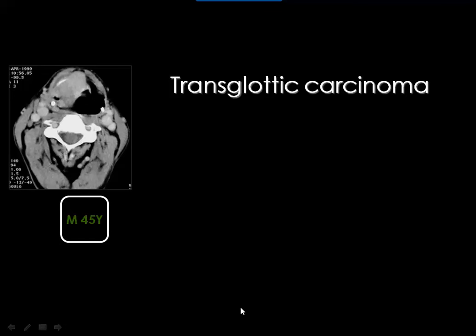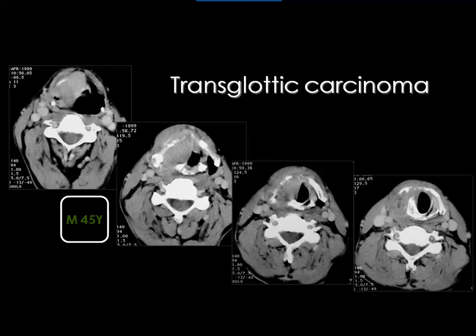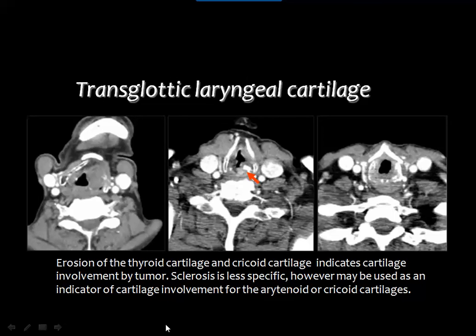Then there is an extensive type of laryngeal cancer which is known as the transglottic carcinoma, starting from the supraglottic area, passing by the glottic region, ending by the subglottic area.